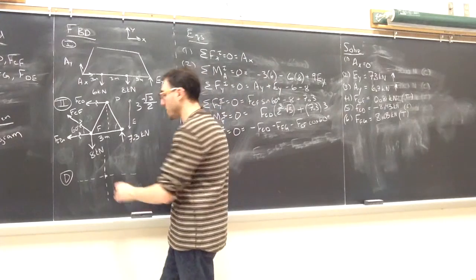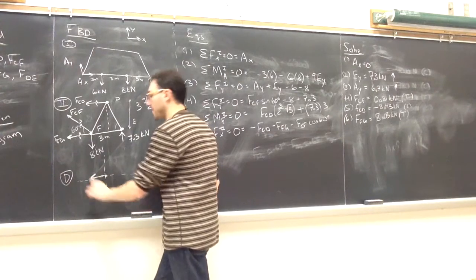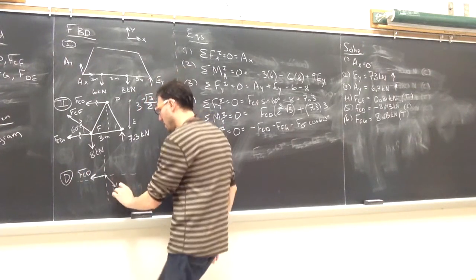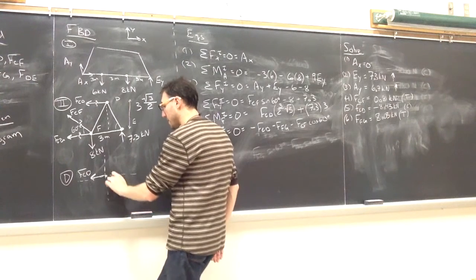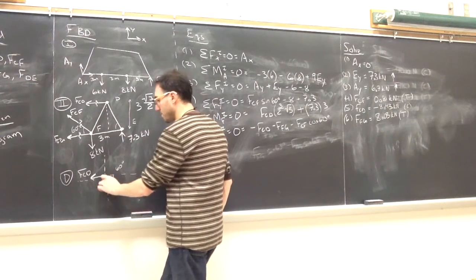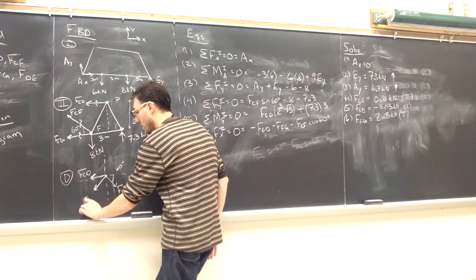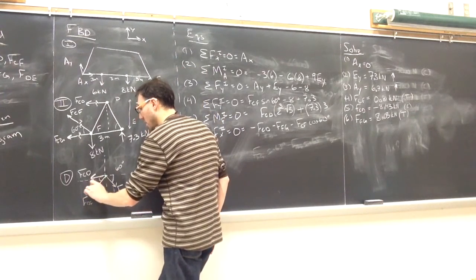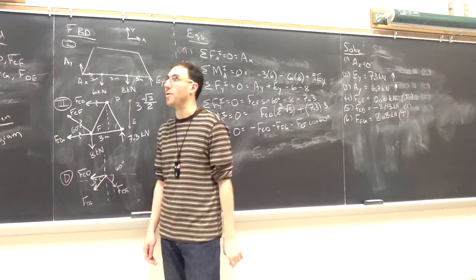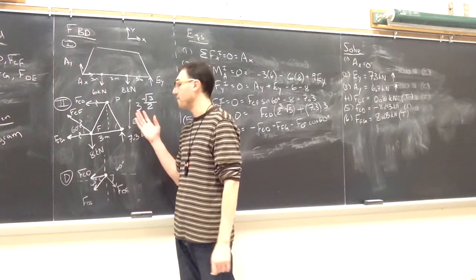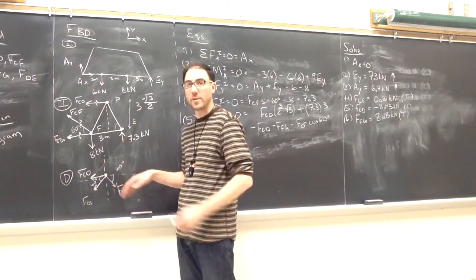We have the three members attached to it: FCD, FDE, that's 60 degrees below the horizontal, and FDF, also 60 below the horizontal. And CD we know from the previous step, so we're left with two things we don't know.